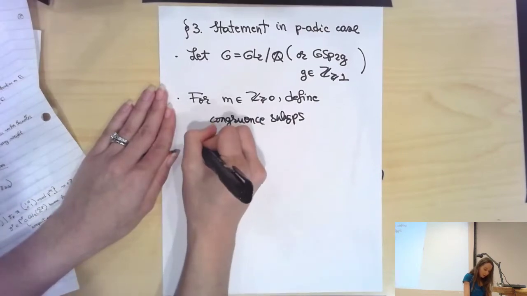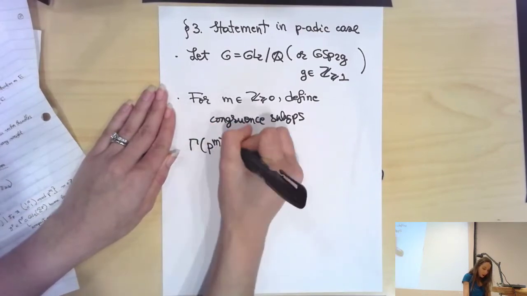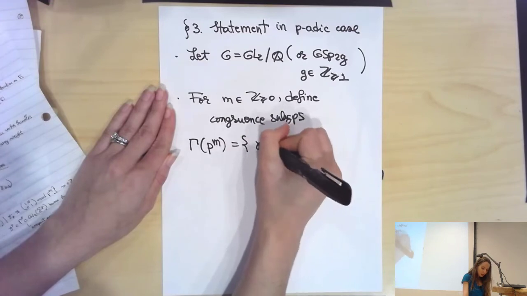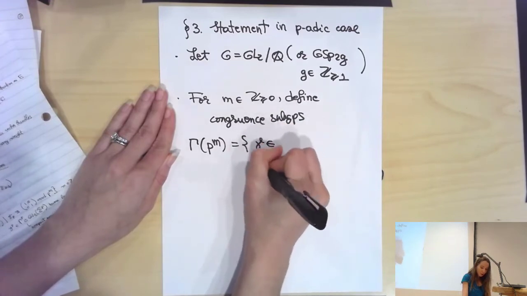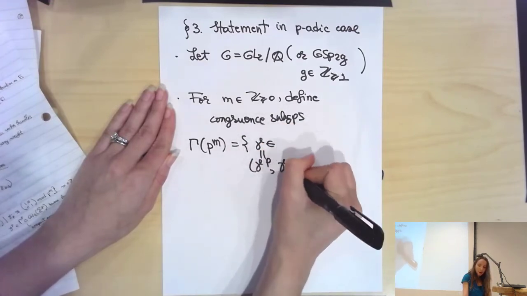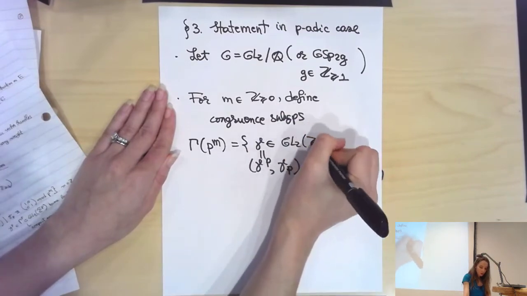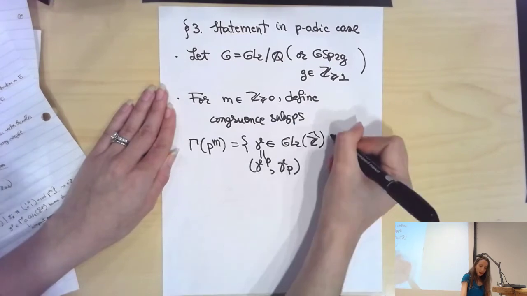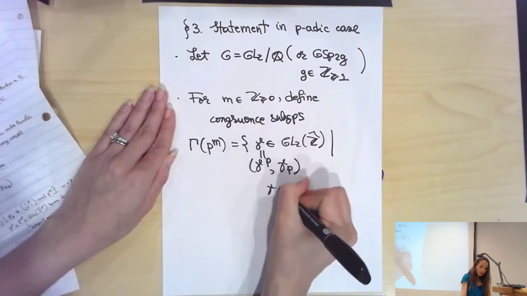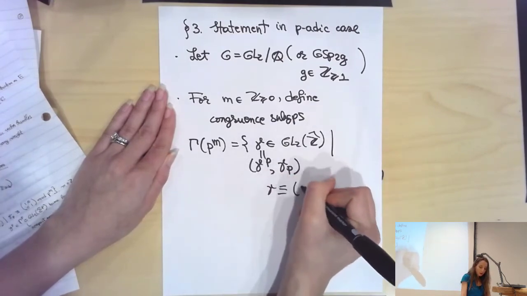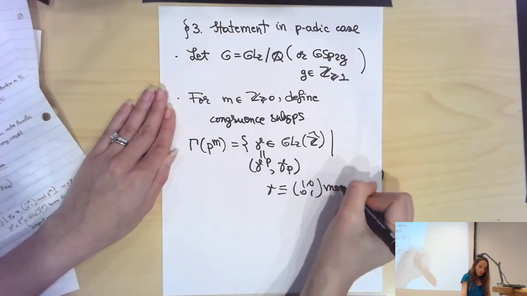So I'm going to define this to be Gamma(p^m). These are gammas of the form something tame, at primes other than p, and something at p. And at p, it's a congruence condition, so congruent to the identity modulo p^m.